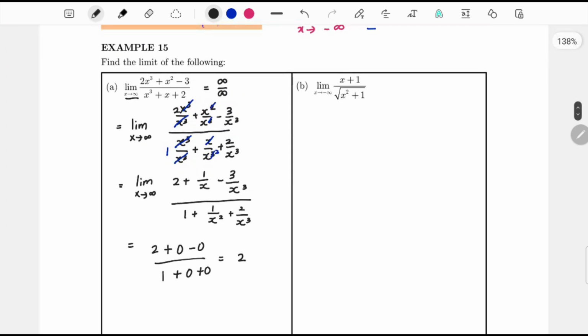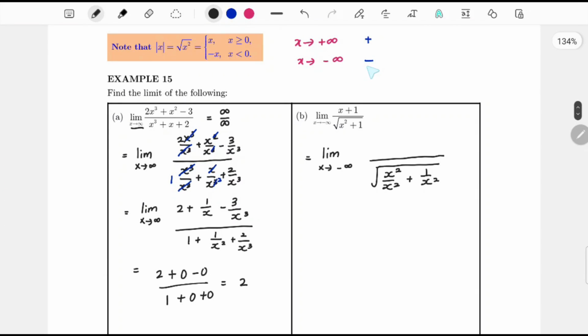Okay, let's move on to question B. This time we have x approaching negative infinity. Alright, so let's focus on the highest power of the denominator, which is x squared. Since we approach negative infinity, we're going to put a negative outside of the surd.